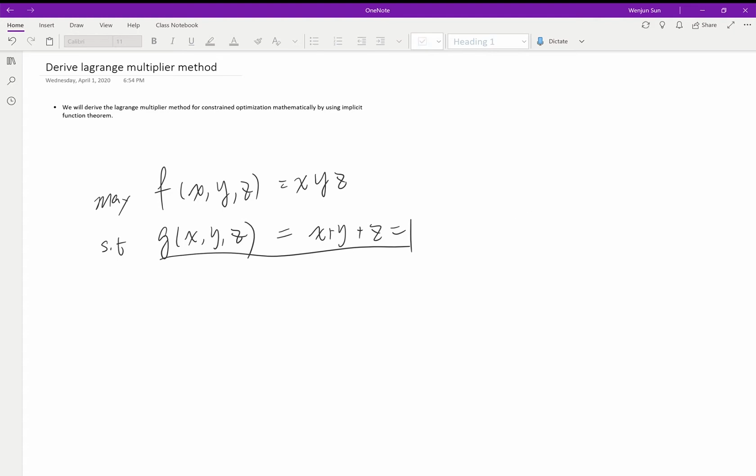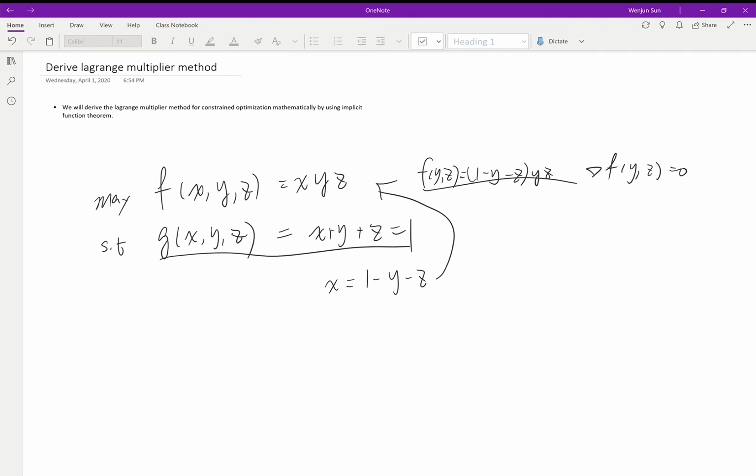The best way to solve this is just to solve for either x, y, or z in terms of the others, and then plug into f, and then we can maximize or minimize this, if you want, using just the gradient of f with respect to y equals 0.